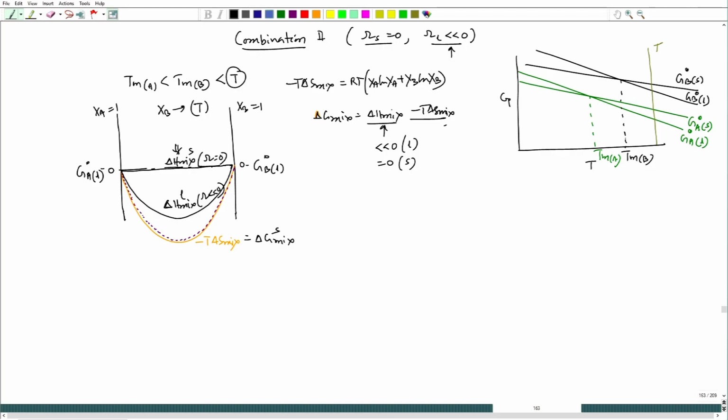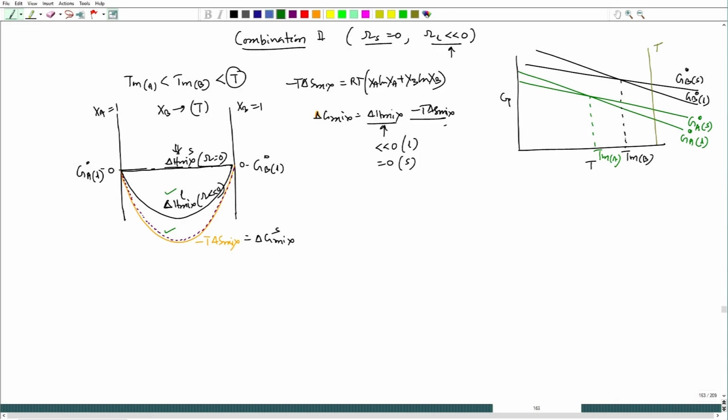But if I plot delta G mix for liquid, that will actually go further down, because in that case this one and this one are added together and both of them have negative values. So, it will go further down, steeper downward, and it will be a convex downward plot, but much steeper than delta G mix for the solid solutions.